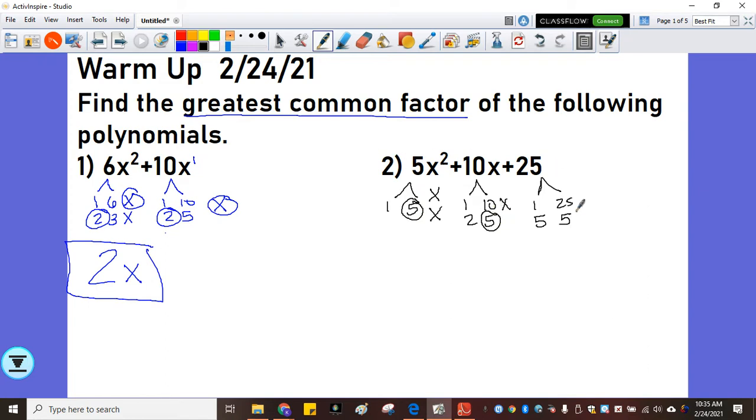So when you're doing it for 3 numbers, the number has to go into all 3 of them. So your greatest common factor is 5. And then looking at variables, this one has 2 x's, this one has 1 x, but this one, 25, doesn't have any x's. So they have no x's in common. So your greatest common factor is just 5.